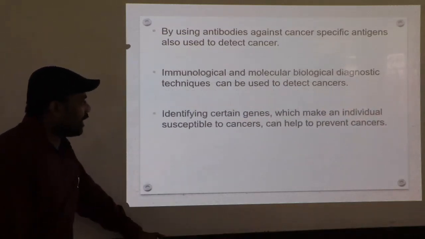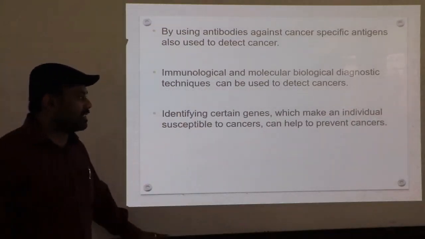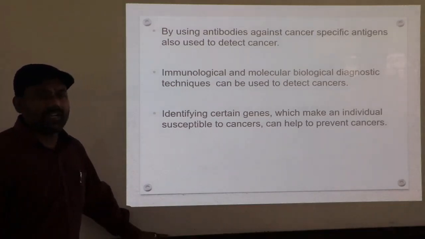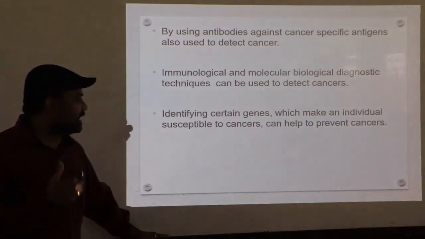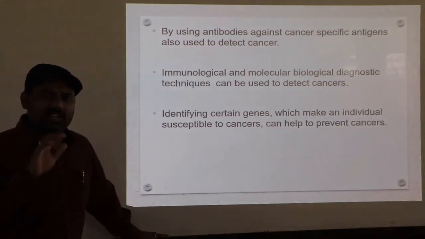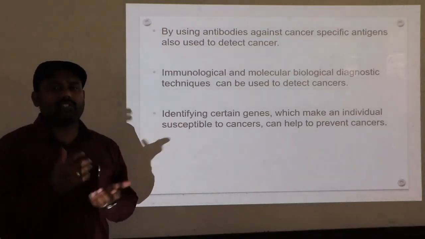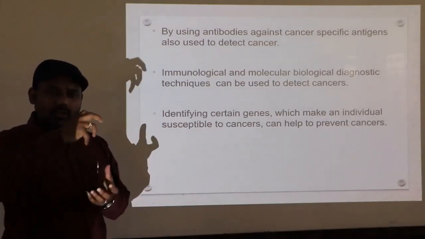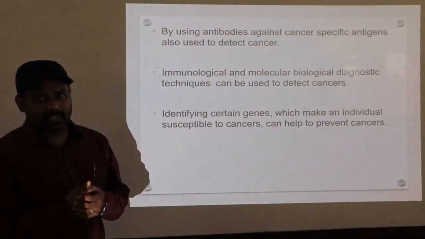Next, identifying certain genes which make an individual susceptible to cancers can help to prevent cancers. As I told you, proto-oncogenes. In our body, some genes are normally present, but when we are exposed to carcinogenic agents, those normal genes are converted into cancerous ones.